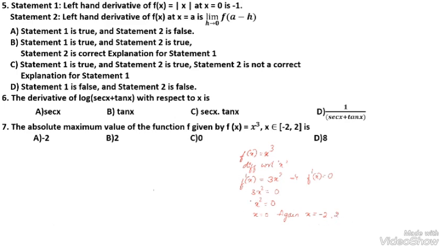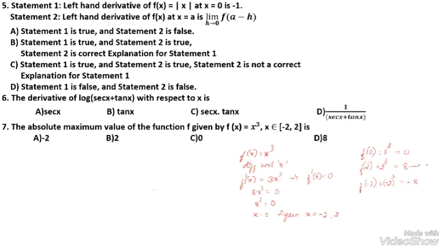Now substitute these values in the function. f of 0: 0 cube is 0. For 2, 2 cube is 8. For minus 2, minus 2 cube, minus 2 into minus 2 into minus 2, becomes minus 8.